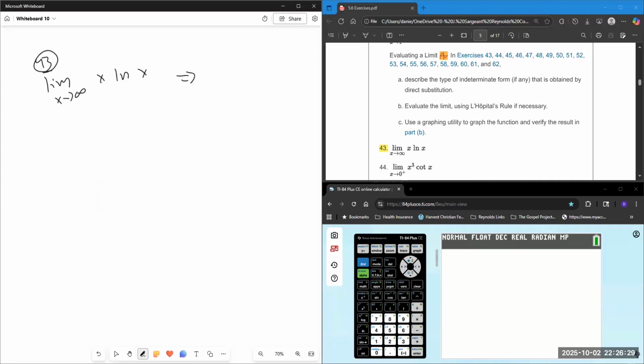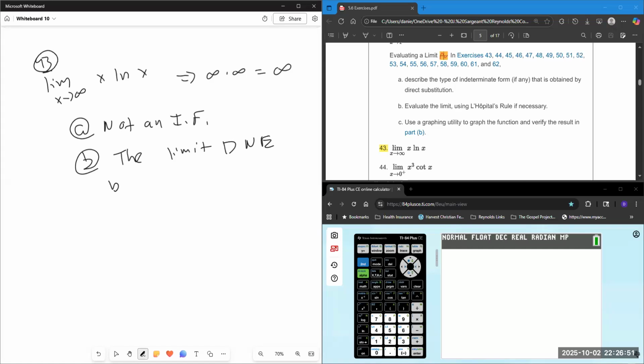If I try direct substitution, that's infinity times infinity is infinity. And so that is not an indeterminate form. I know exactly what that limit is. The limit does not exist. Because it increases with that bound.